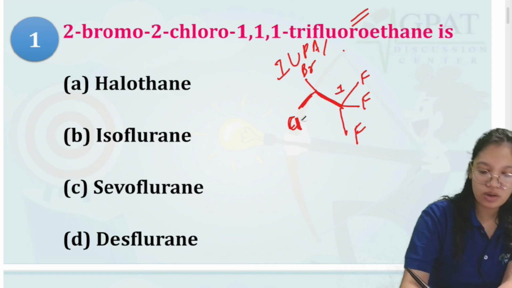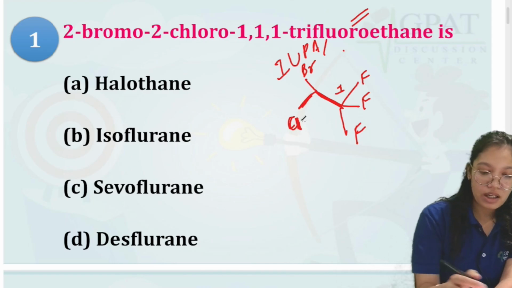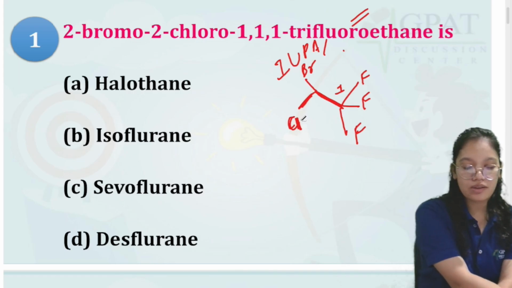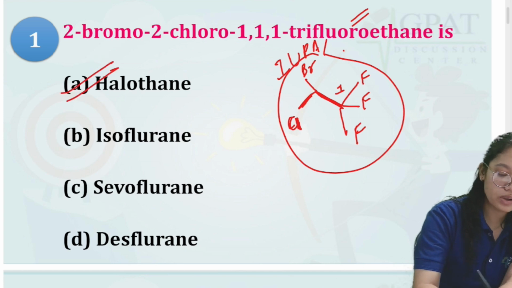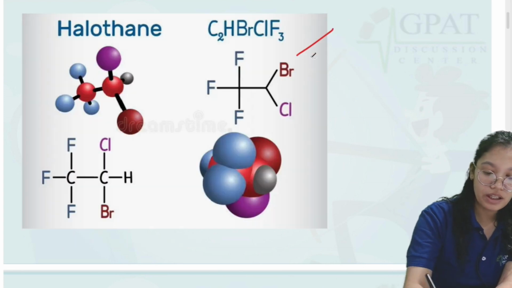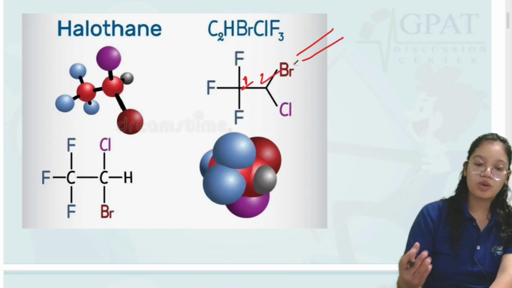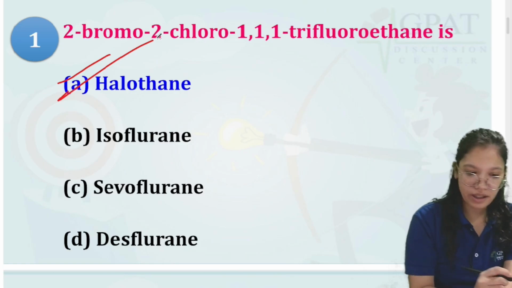So this is the structure, and they are asking which drug structure that is. If we look at the options, it says halothane, isoflurane, sevoflurane or desflurane. So this structure belongs to halothane. Here at first position we have trifluoro, at second position we have the bromo and the fluoro group. So option A is the correct option.